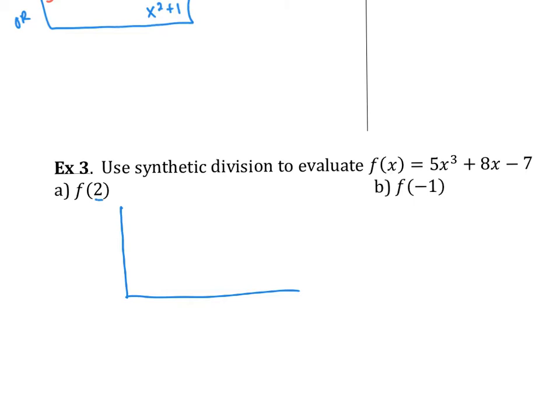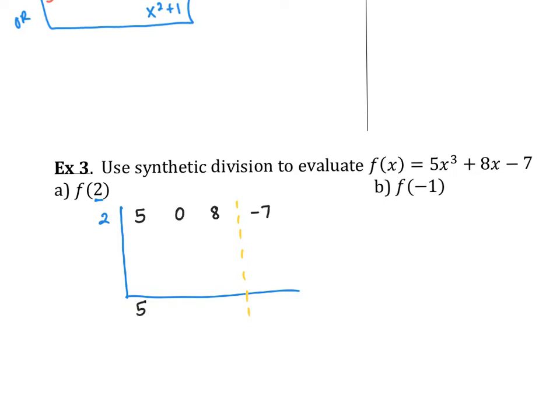Since this is 2, I'm going to put the 2 here. I'm going to list the coefficients in decreasing order, like I'm setting up a synthetic division problem. So if it's 5x to the third, there's no x squared, so I have to put a 0x squared, 8x, minus 7. I like to put the dashed line to indicate the remainder. You don't need to, but I find it helpful.